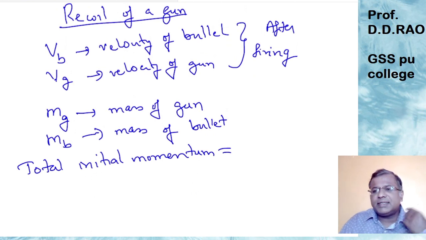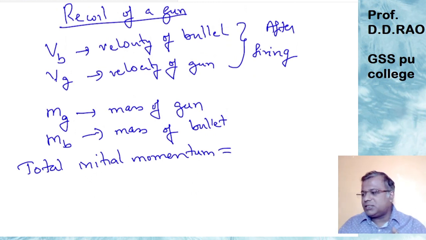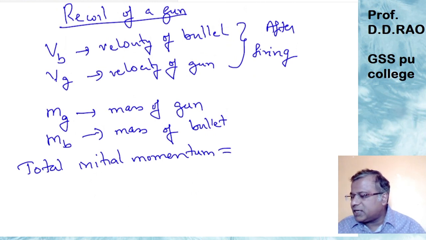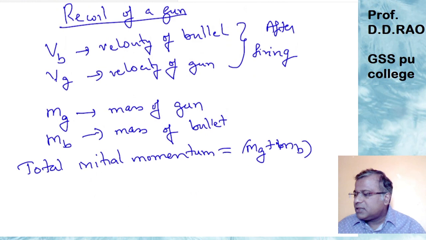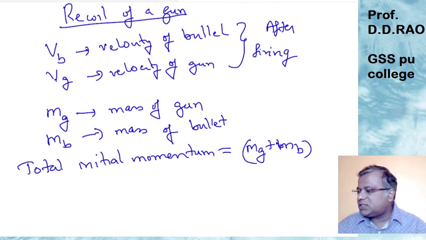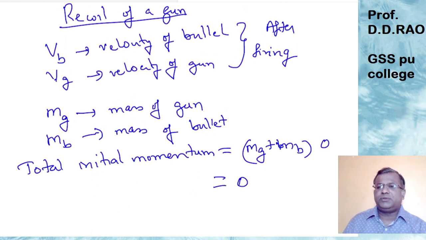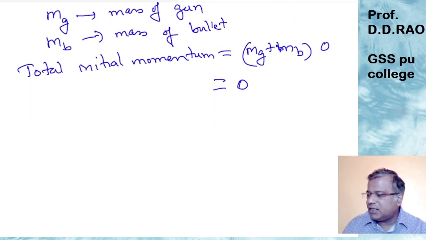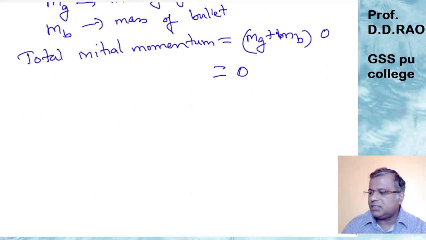Neither the gun nor the bullet was in motion, but the total mass is mg plus mb, both together inside the gun, and their velocity is zero, so the total initial momentum is zero. Now, after the bullet is fired.